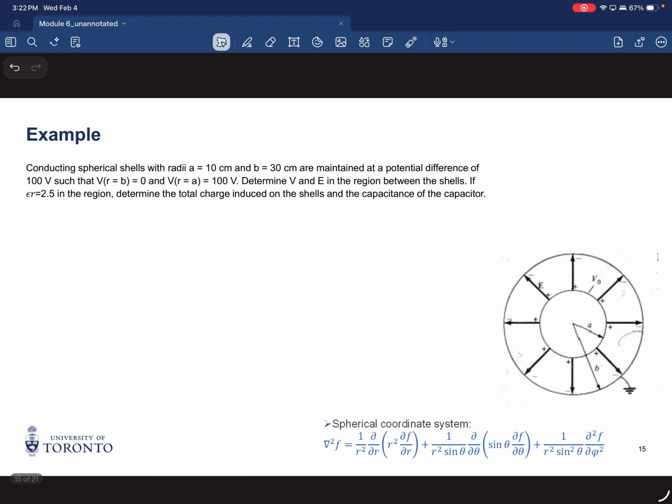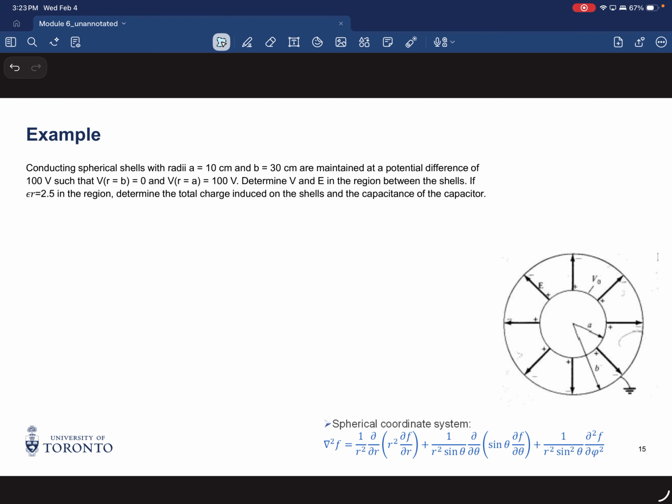Okay, let's solve this example. I'm going to start from the beginning. This looks like a midterm example where you would find V, E, the capacitance value, and then also the charges that are induced on the conductors.